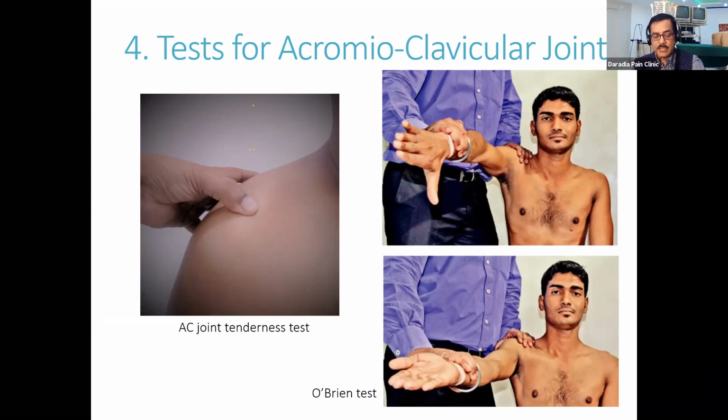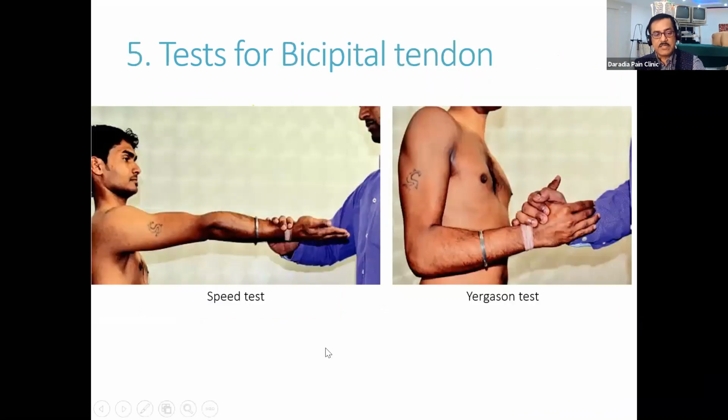But in this position, if the patient has pain over the bicipital groove, then it is your speed test. So it is almost the same. The speed test is again in the supinated position. You ask the patient to flex it, and if the patient has pain on the bicipital groove, the long head of the biceps, then that is your speed test.